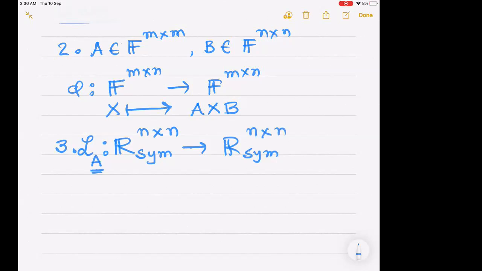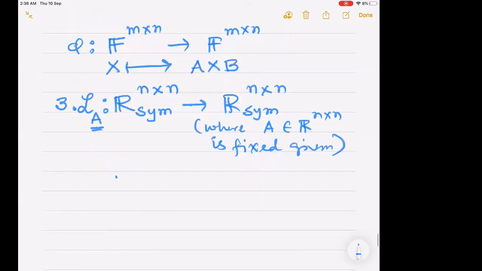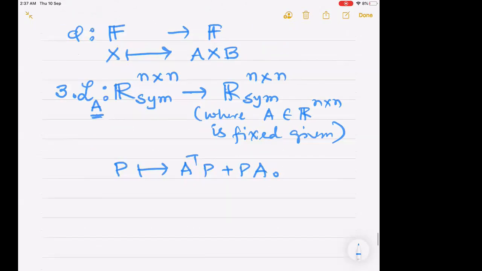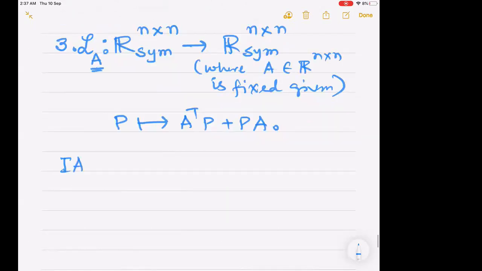This is the symbol for defining this map, L A, where A in R n cross n is a fixed given matrix. How is this defined? It sends matrix P, symmetric matrix P, to A transpose P plus PA. This is also a linear map. Go ahead and check that all these maps are linear. These are your immediate attention problems. Check linearity of each of these maps.